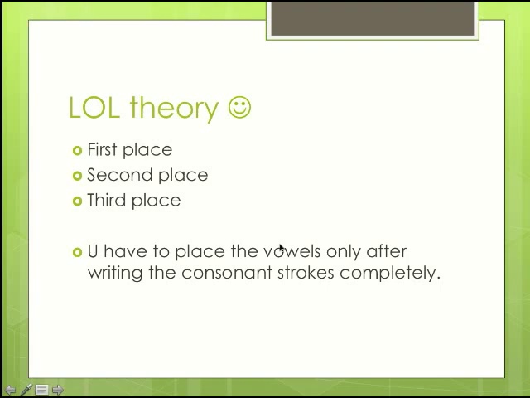So first place, second place, third place. In the first place, diphthongs will occur, and also in the third place. Triphones can occur in the first, second, and third places. Diphones you can apply at all three places because it's just two vowels occurring in the same space.